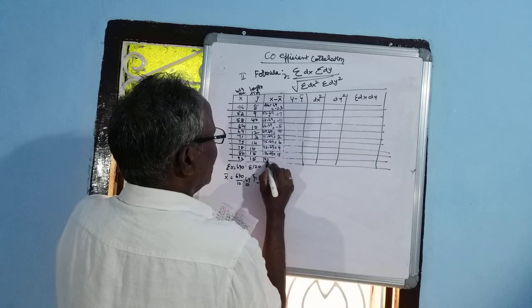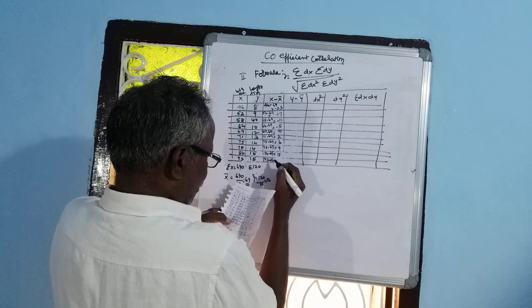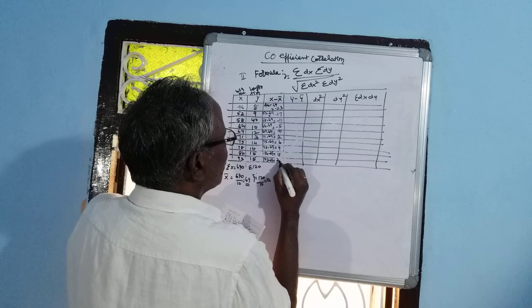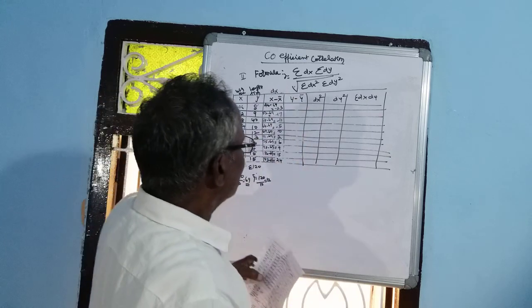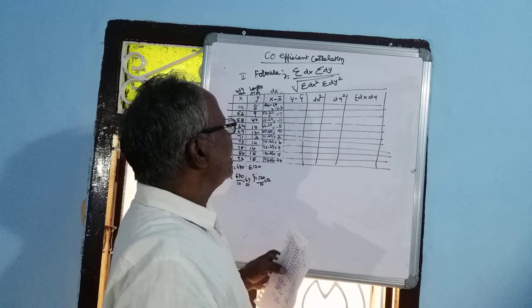Then 93 minus 69 is equal to 24. So this is called dx, that is deviation from the mean, dx.